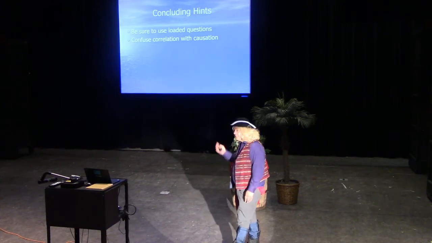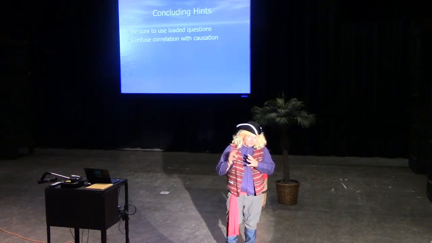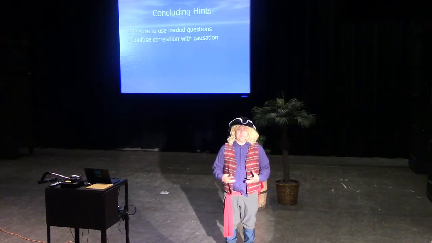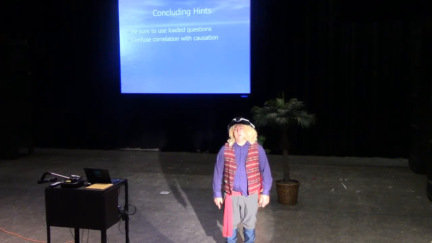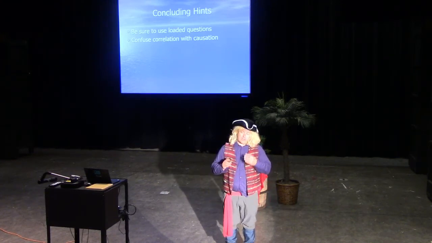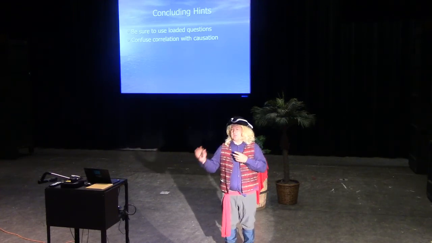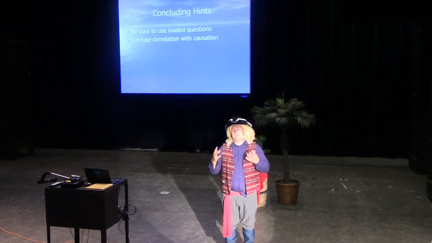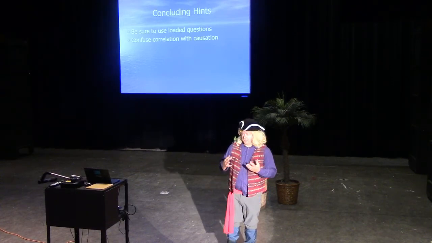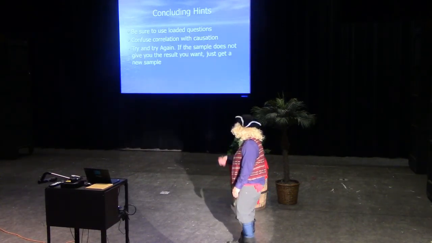So if you can confuse those, and you can make relationships between things which aren't even related, they do this with the economy a lot. They'll switch around and say the economy is causing the ideas. Well, it's not necessarily the case. There's a correlation.